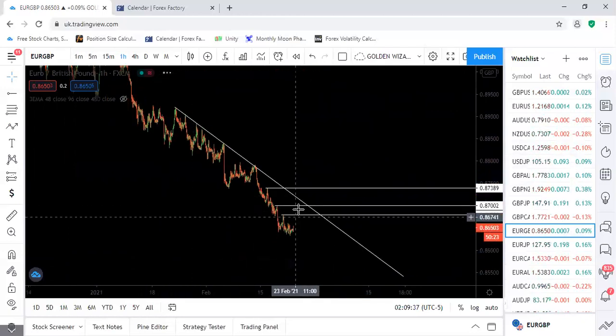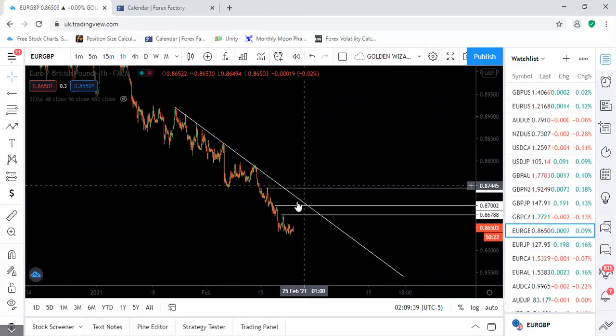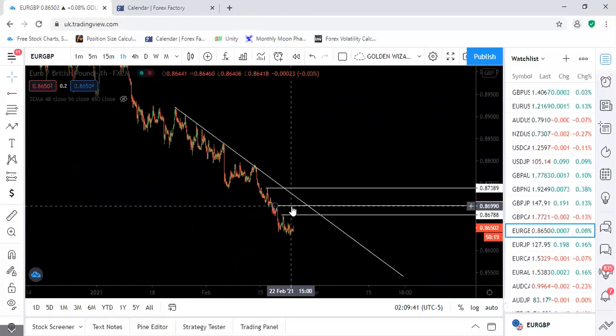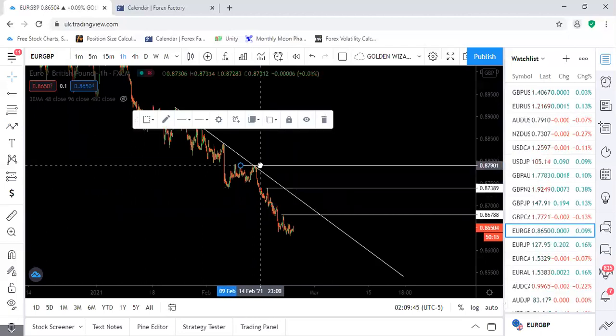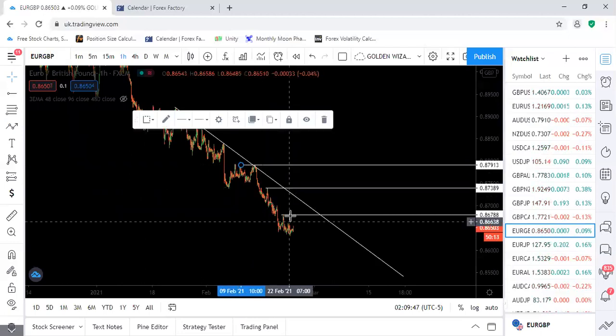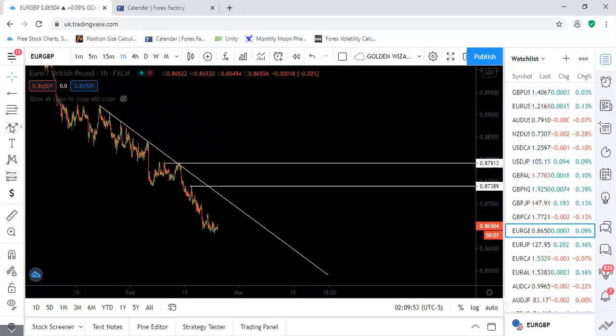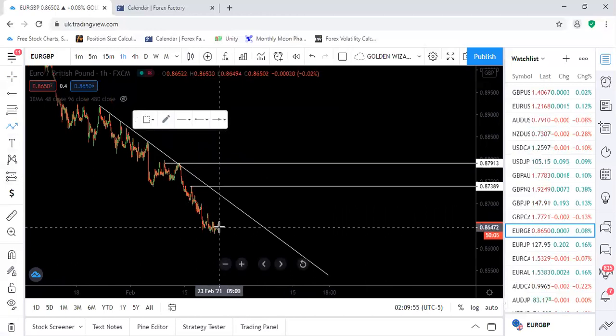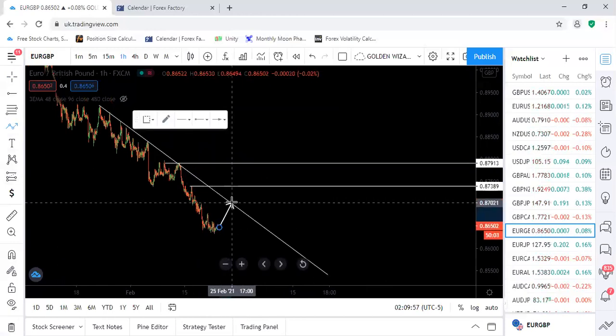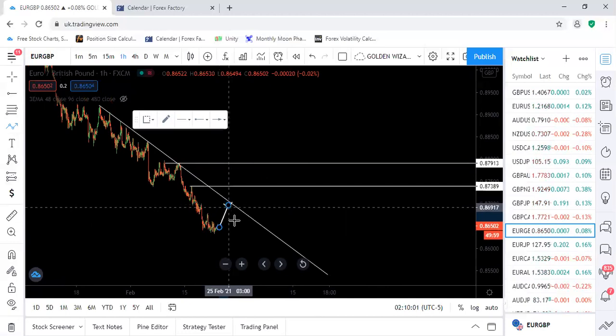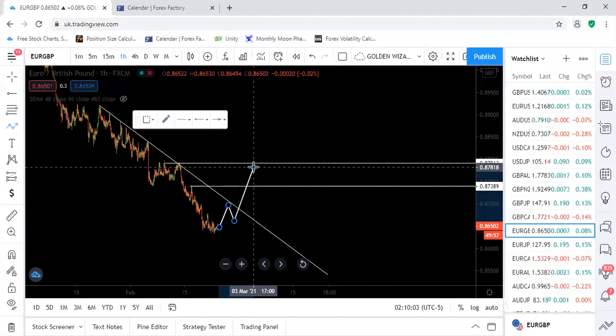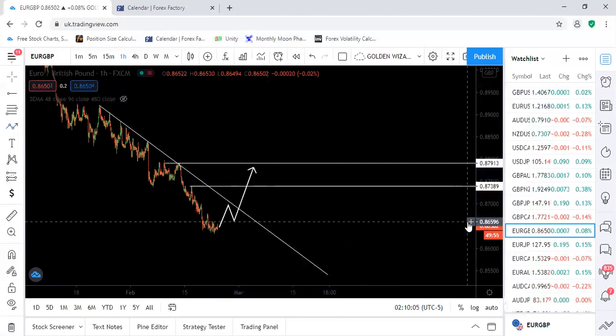And I do anticipate a possibility for a buy. But again, I'm not really interested in trading this pair, so it's more just as an analysis idea. See something like this possible.